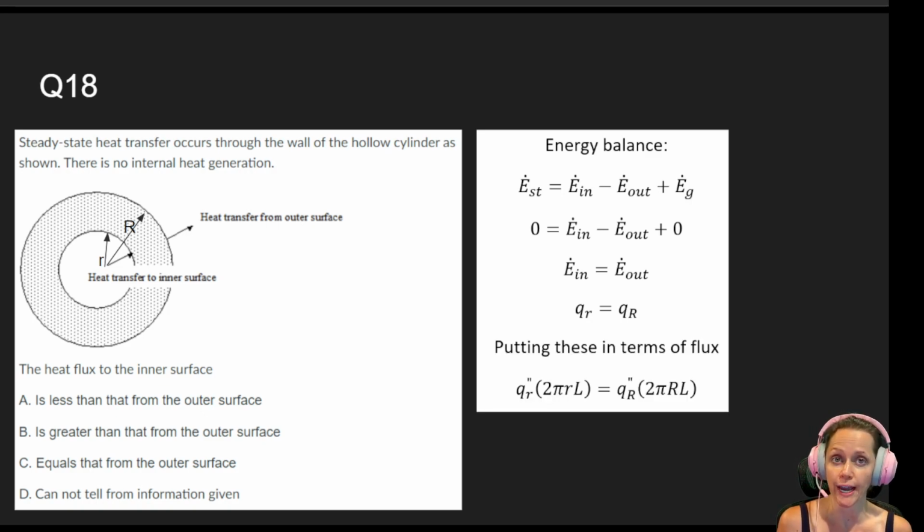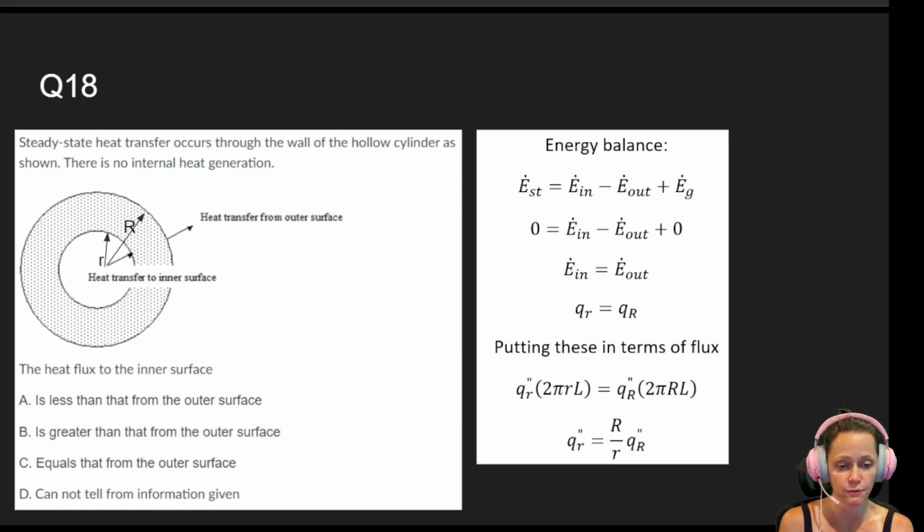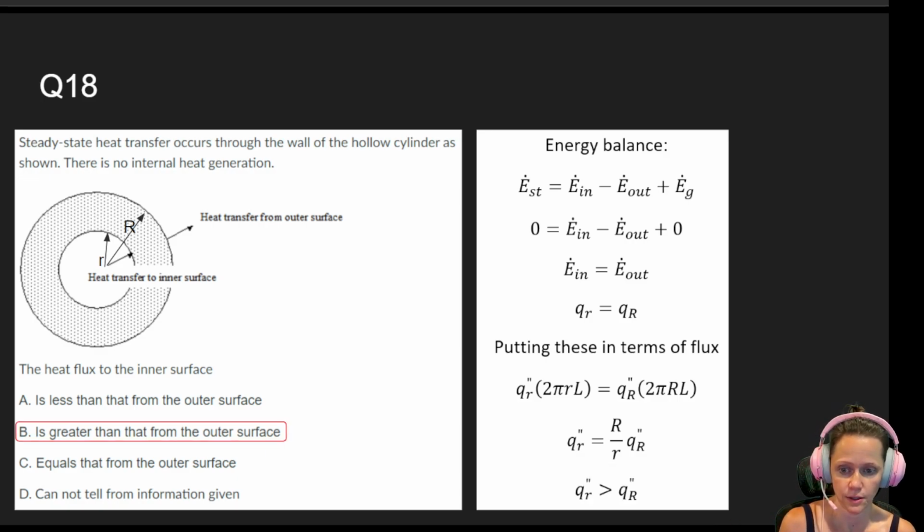But as far as flux, if I put those in terms of flux, I can see that that's absolutely going to change things. And the flux at the inner surface is going to be less than the heat flux at the outer surface, right? Wait, did I do that wrong?